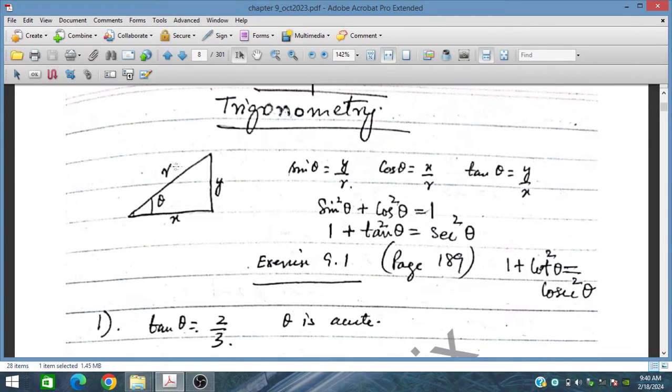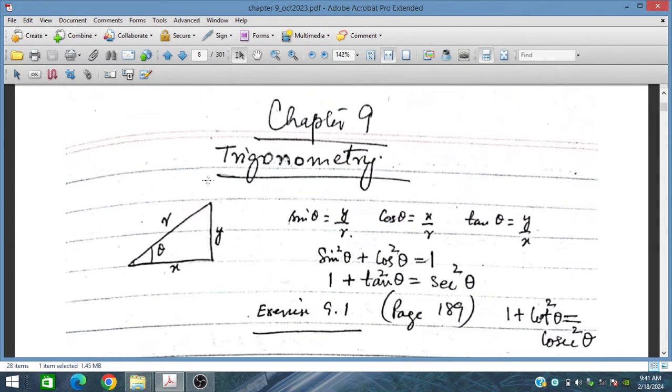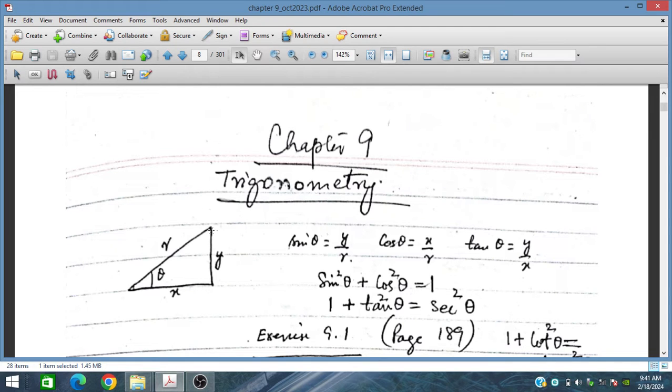We have some initial relations. In trigonometry, we actually deal with the right angle triangle. In this right angle triangle, we have the x value on the horizontal axis and the y value on the vertical, while the hypotenuse is our radius.